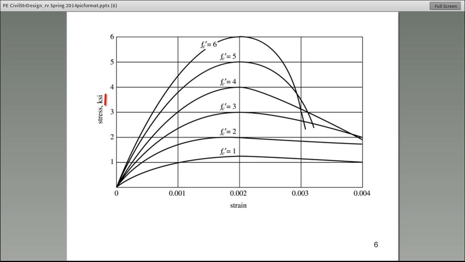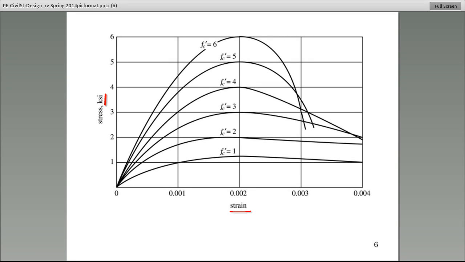That's excellent. So let's summarize that. With this family of curves, and this is true with all concretes basically, when the strain is 0.002, we assume that the concrete achieves its highest stress. All right.